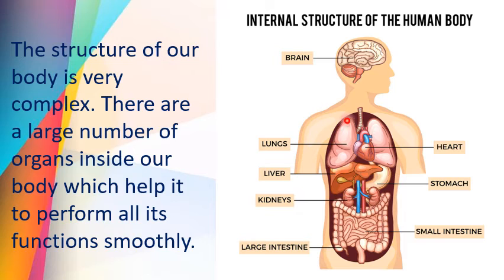So this is our complex body. Got this, students? And so many functions it carries out. Now, it is very interesting to learn about all these organs, and to find out more about them as you grow up. Okay?